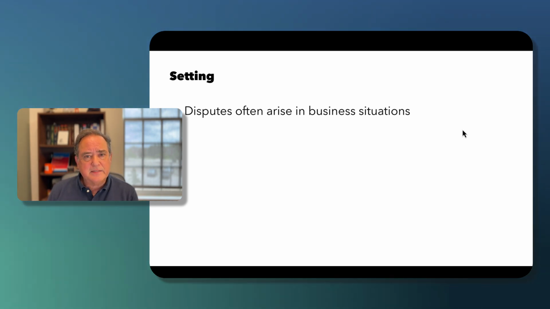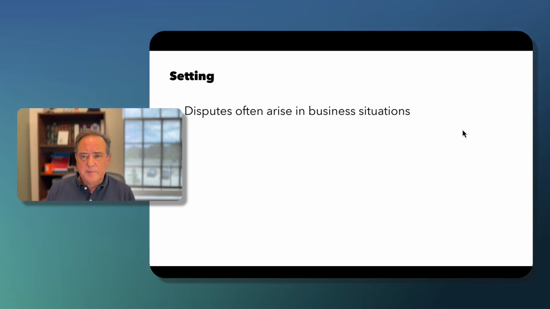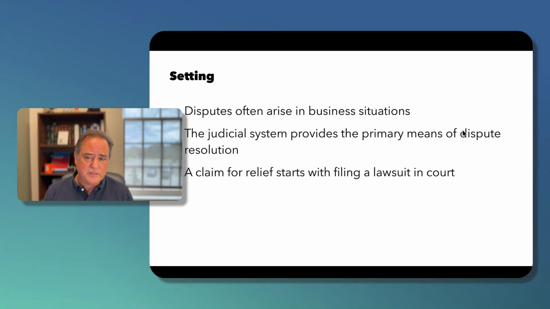It could be in the sense of a negligence case in which a business harmed someone and there was a question as to whether the business should be liable, and if liable, then by how much. So disputes often come up in business situations. And as I mentioned, it's the judicial system that provides the primary means of dispute resolution.